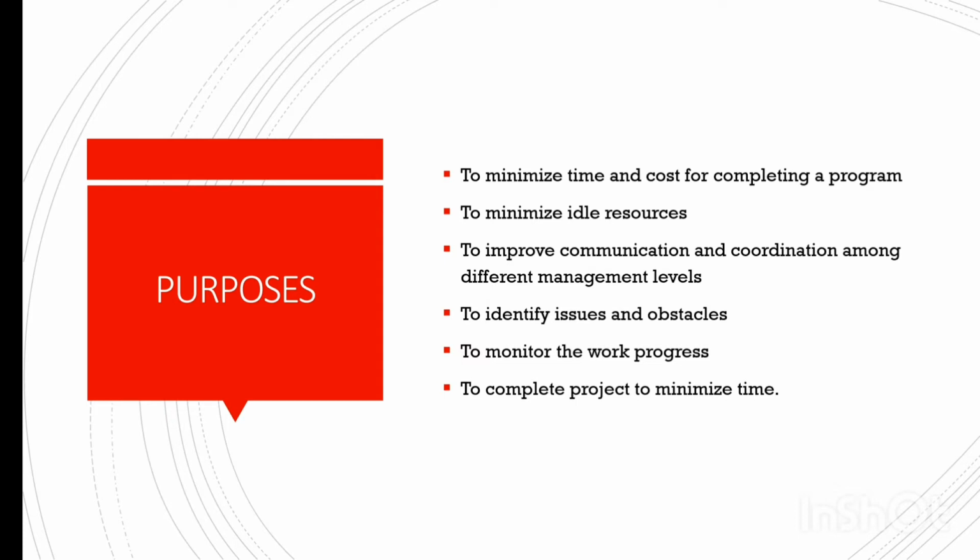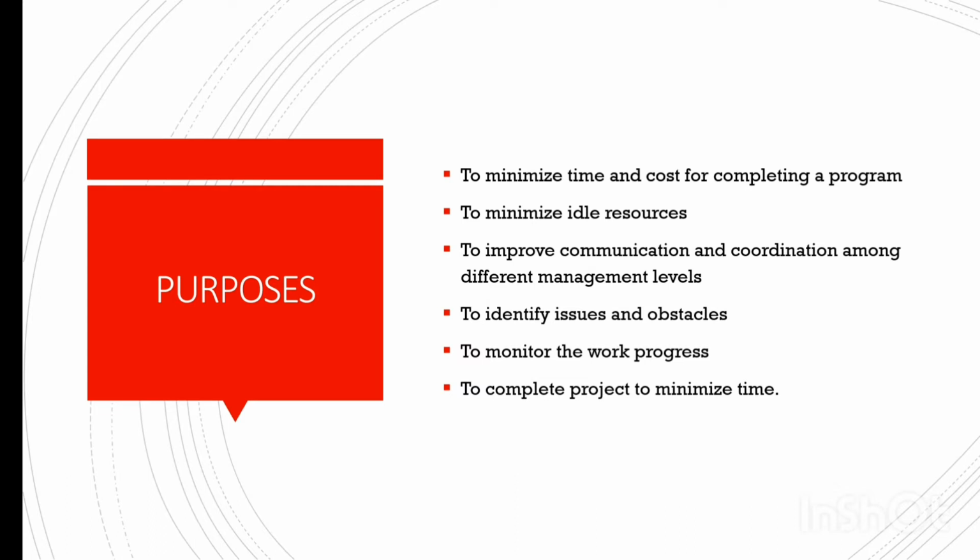Then to identify issues and obstacles. Before the beginning of the program or the project itself, we can identify the issues and obstacles, so we can eliminate or overcome them. Next is to monitor the work progress.